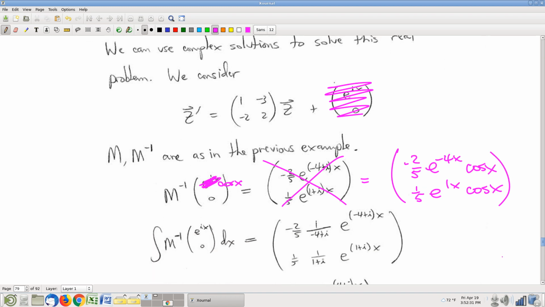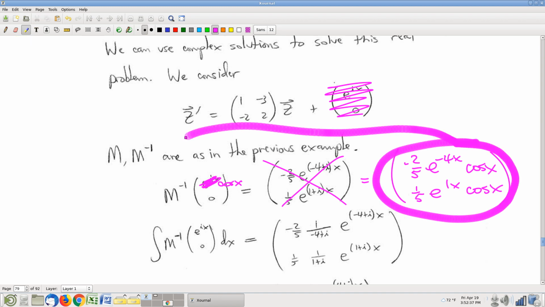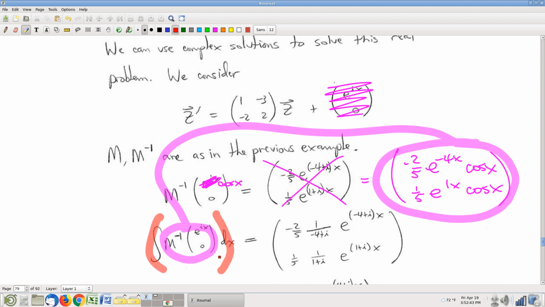Well, look at the next step. I've got to take this thing and I've got to take its antiderivative. When we were dealing with just exponentials, complex, okay, to be fair, but nevertheless just exponentials, those were easy integrals, no problem.